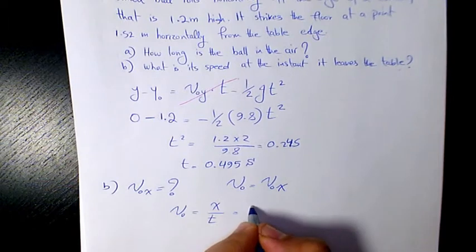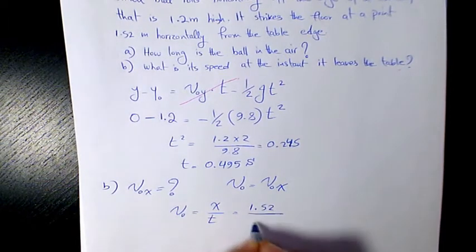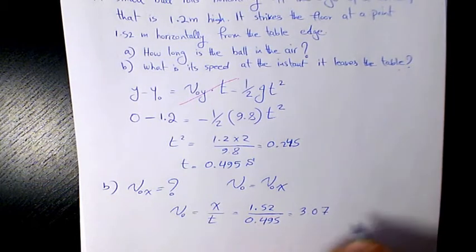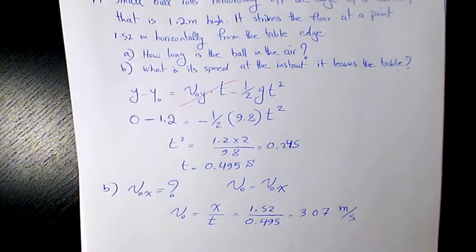So x is 1.52 divided by 0.495. That makes it 3.07 meters per second. Let's see the next example.